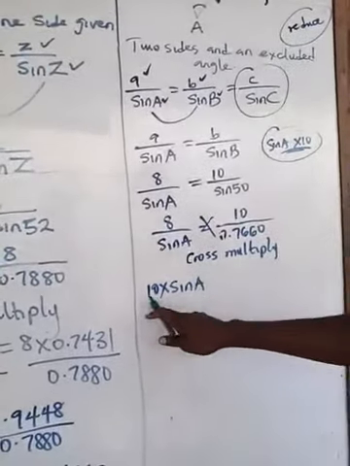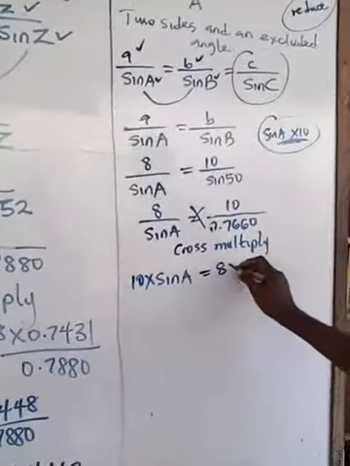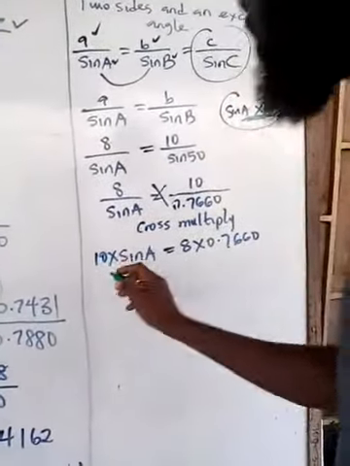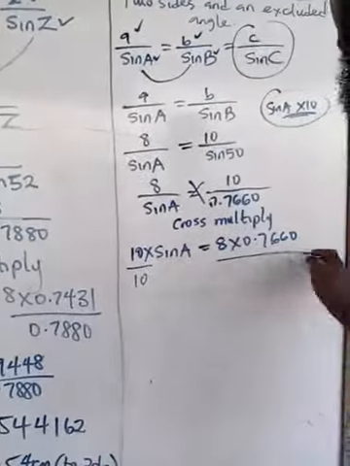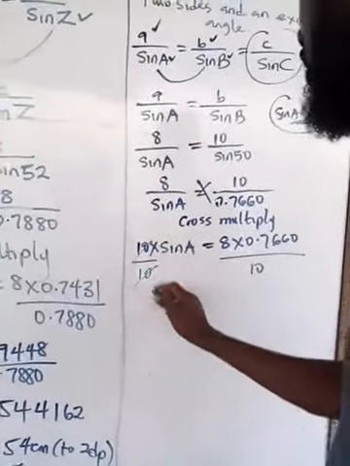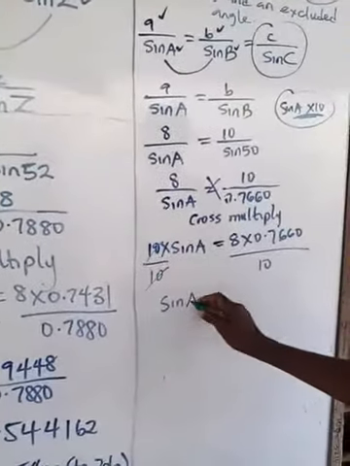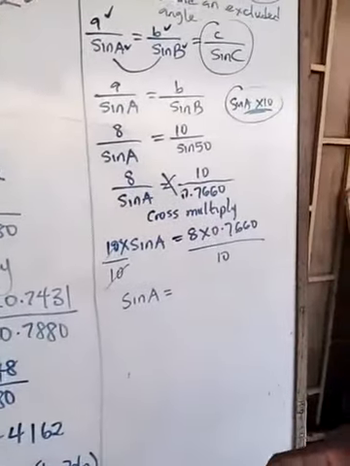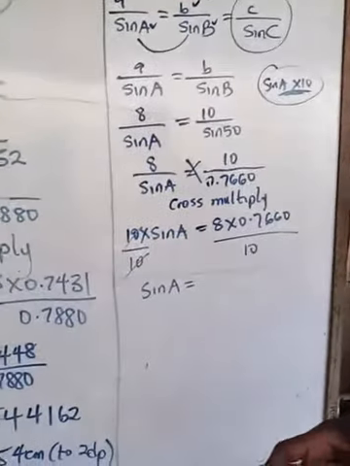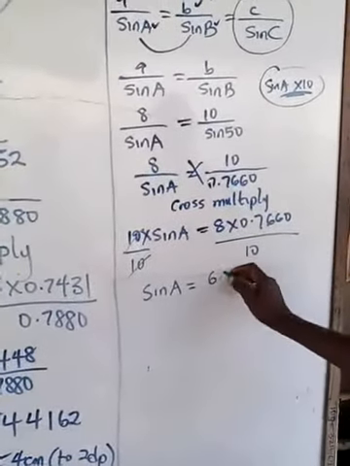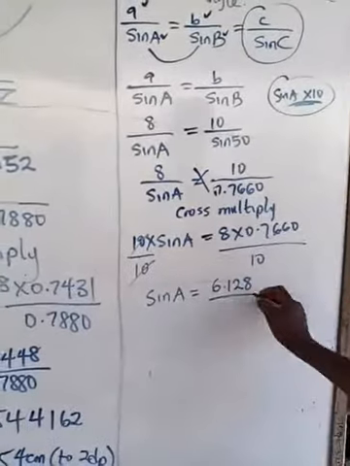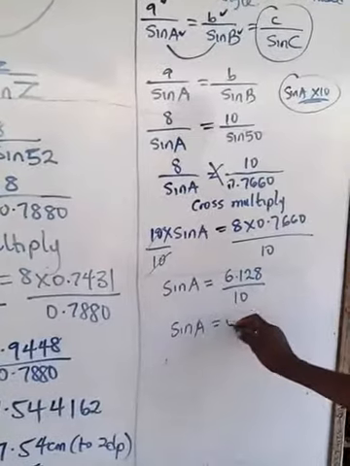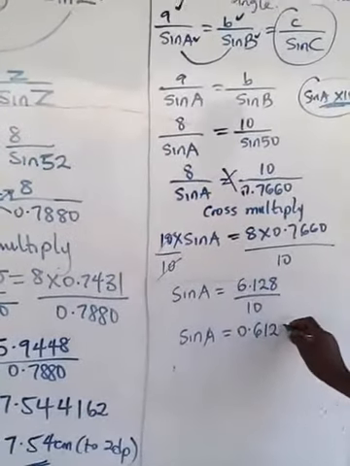So the 10 will be in front, is equal to 8 times 0.7660. If we divide both sides by 10, sine A is equal to 8 times 0.7660, which is 6.128 over 10. So sine A is equal to 0.6128.